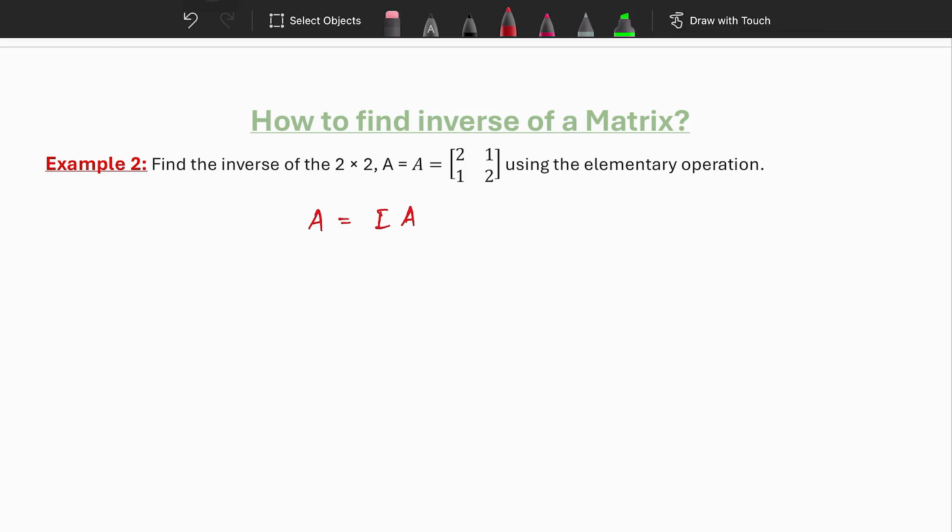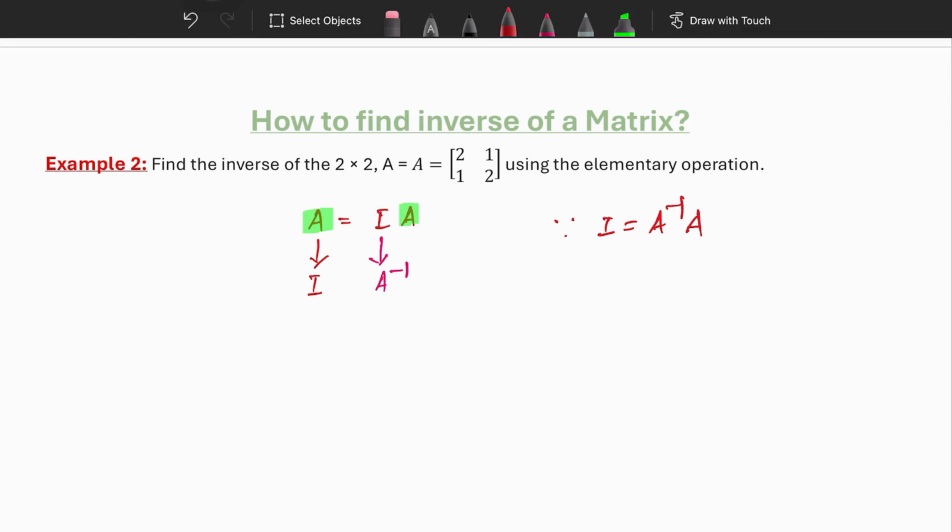But if I change this A to I, the identity matrix, and I do not change this other A, which stays as it is, then the second I will automatically change to A inverse. Why? Because I is equal to A inverse of A. So this is the basic approach working behind the scenes.